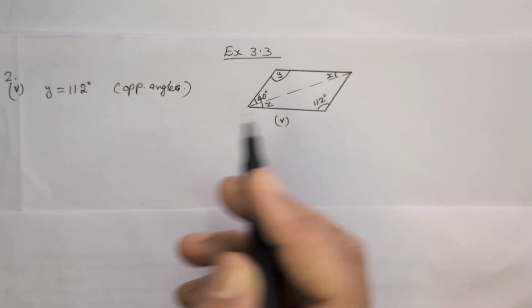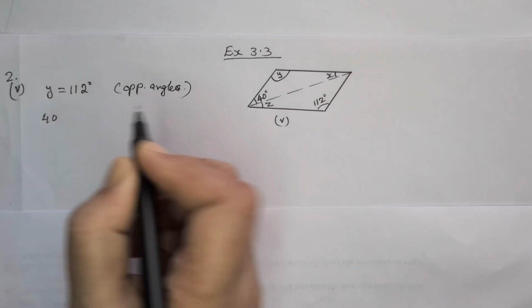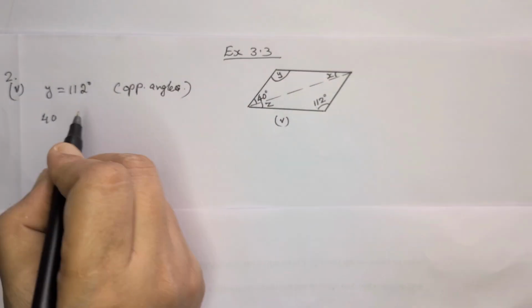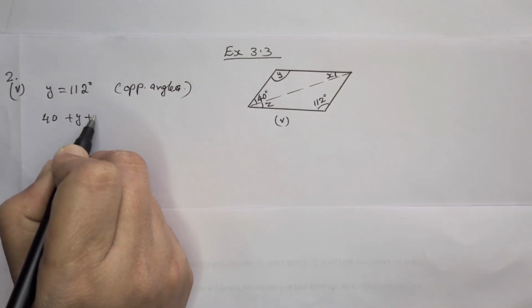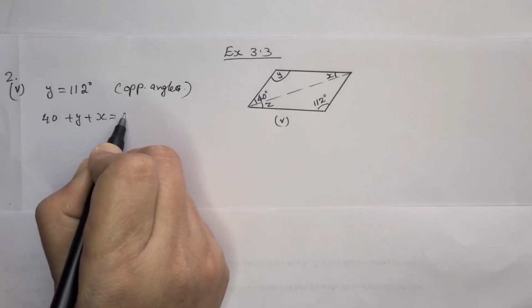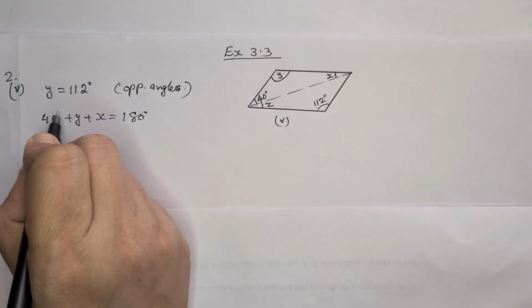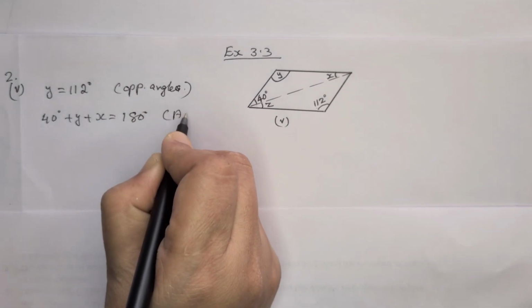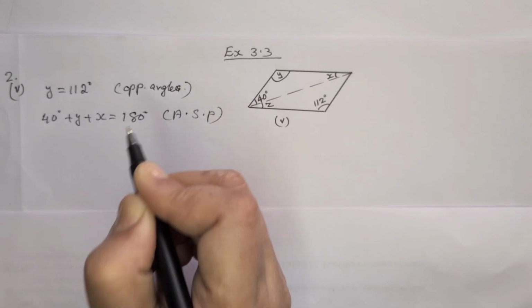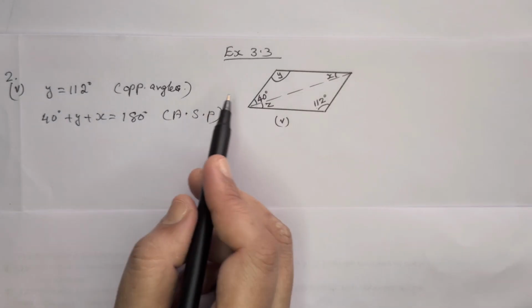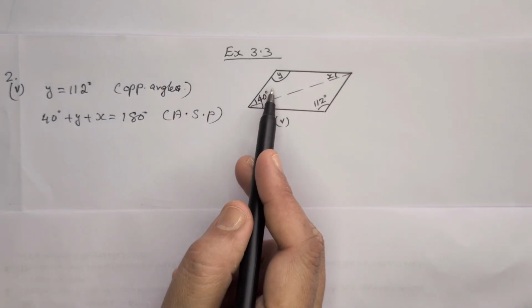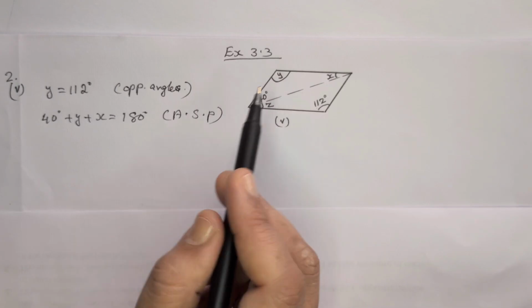So we can write from here 40 plus Y plus X is equal to 180 degree, angle sum property. Sum of all the three angles in a triangle is equal to 180 degree.